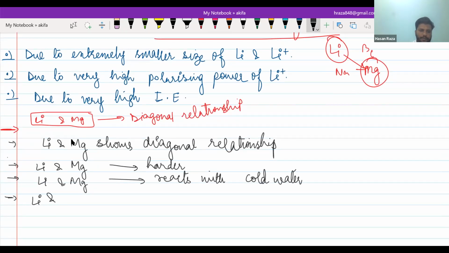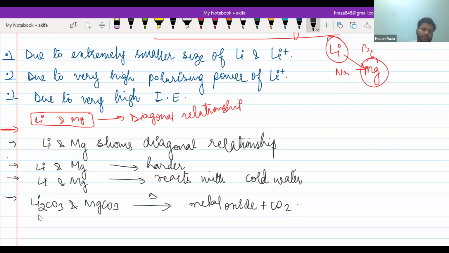Now see, Li2CO3 and MgCO3 decompose on heating to give metal oxide and carbon dioxide.